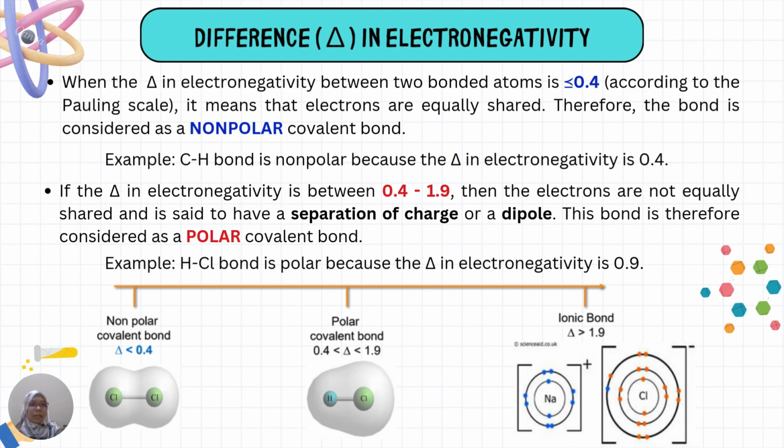This is because the difference in electronegativity is 0.4. Now, if the difference is between 0.4 to 1.9, then the electrons are not equally shared and it's said to have a separation of charge. This bond is therefore considered a polar covalent bond.